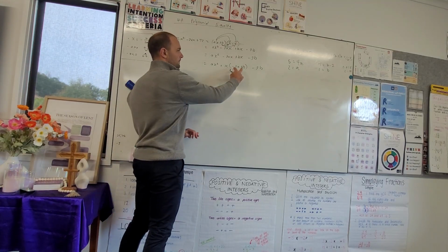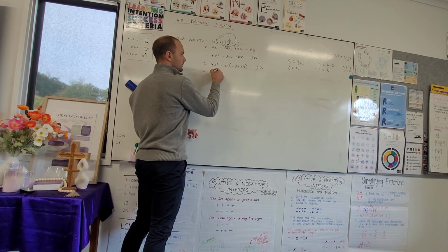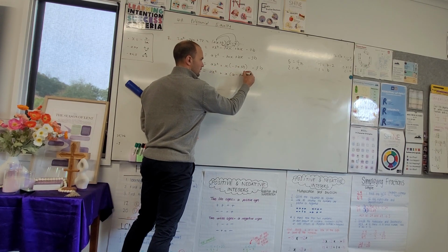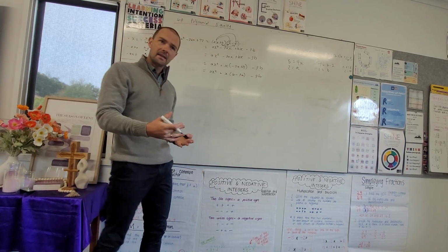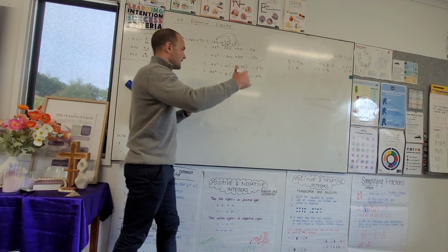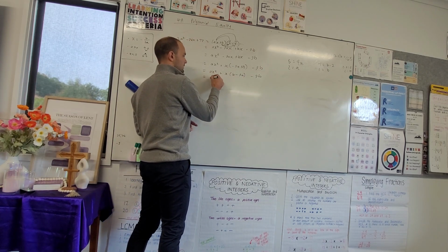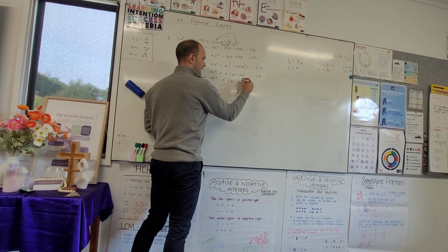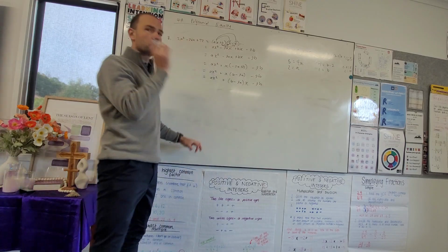Firstly, we could write it as b take away 9a. And then generally speaking, whenever we're writing a quadratic out, we always put the number first and then the x. So we would have ax squared plus b take 9a times x, and then take away 9b.